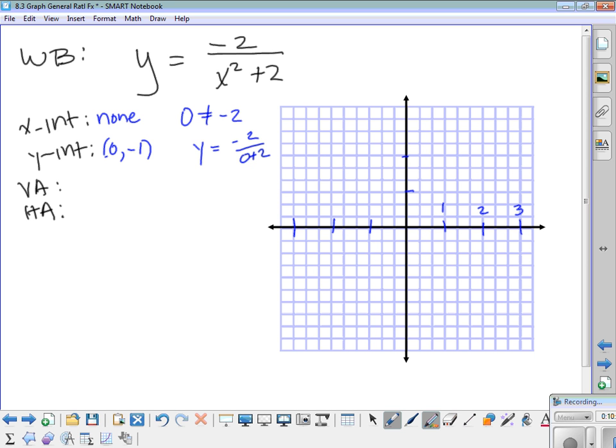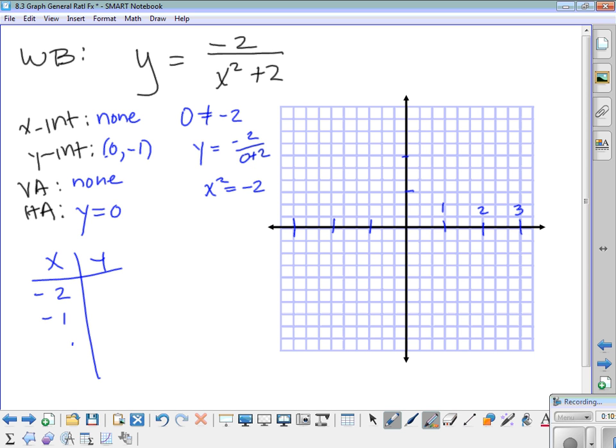And then my vertical asymptote, x squared would have to equal negative 2. There's no real solution to that, so there's no vertical asymptote. And horizontal, as x gets humongous, I'm going to be getting closer and closer to 0. So y equals 0.